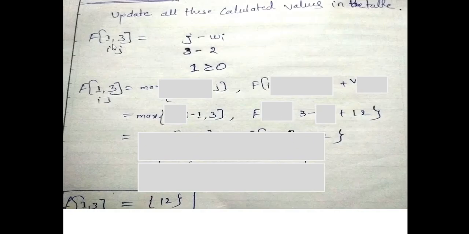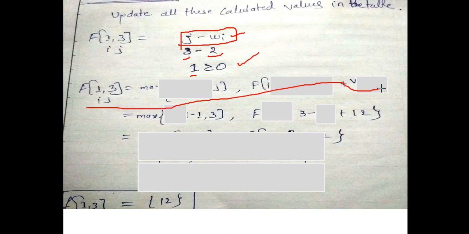For 1 comma 3, again in this whole problem you have to check this condition only, j minus wi. The j value is 3 and wi value is 2. 3 minus 2 is 1. 1 is greater than or equal to 0, so the condition is true. Then use this formula, that is a big formula.